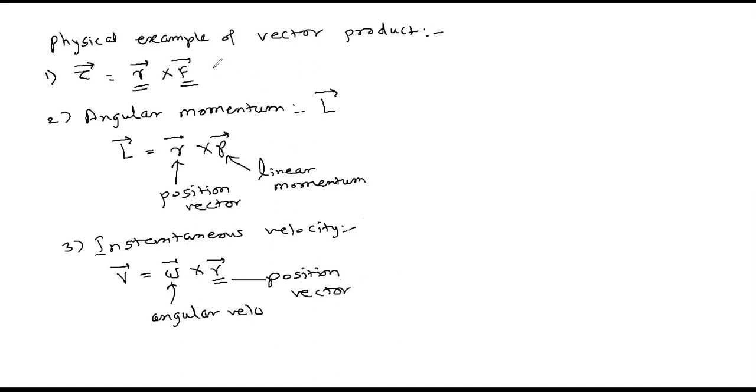All these formulas you will learn afterward in the next chapters. So these are the physical examples of the vector product. Now we'll proceed to the properties of vector product.